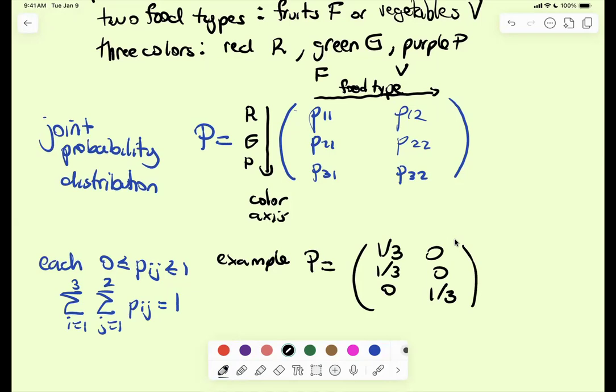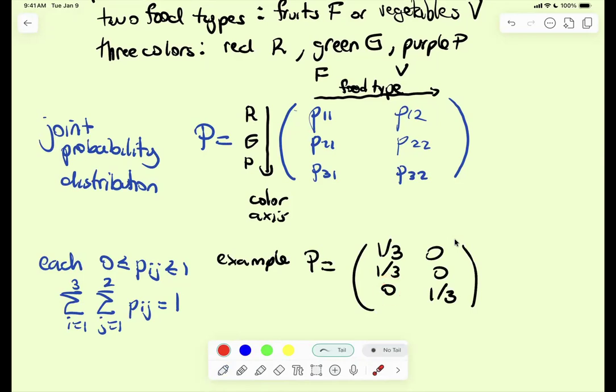So in that case, no one bought, for example, a purple fruit, and things of that sort.